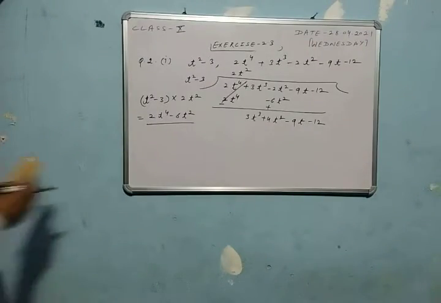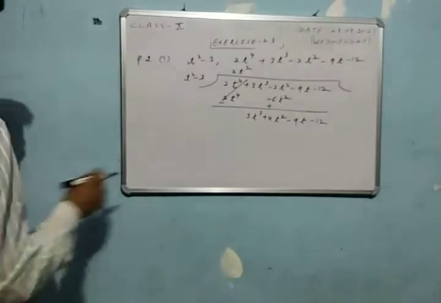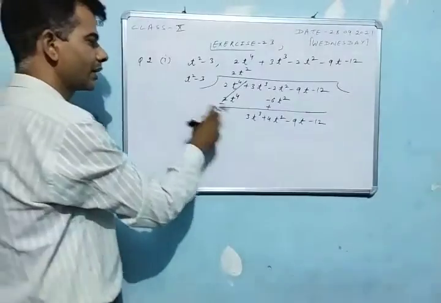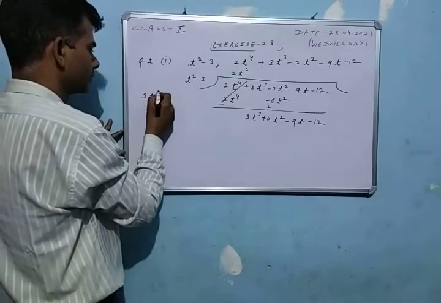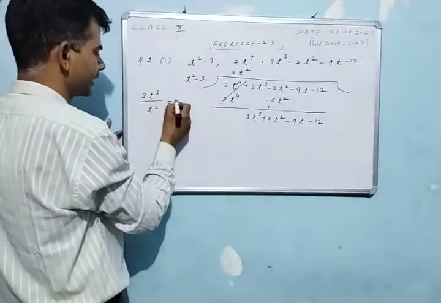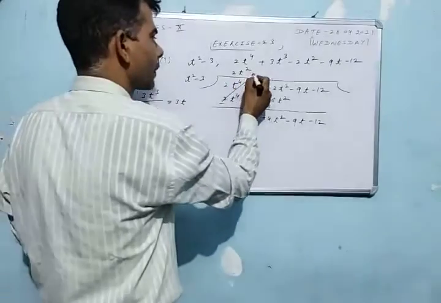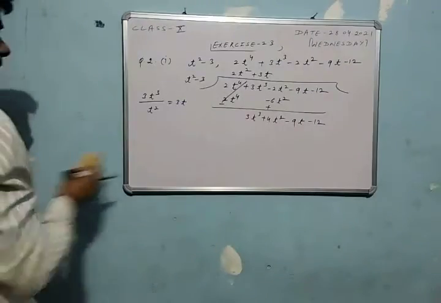Now student, next one is by this number 3t square multiplied, the result will be 3t cube. 3t divided by t square. Student, result will be 3t.